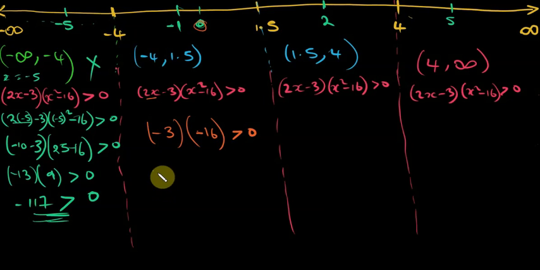So we'll have 3 over 16 multiplied by 3, in other words 3/16. So let's just do 48, that's the answer.